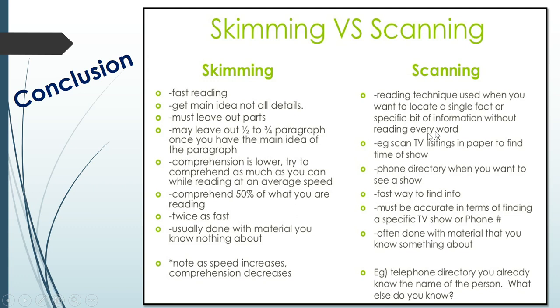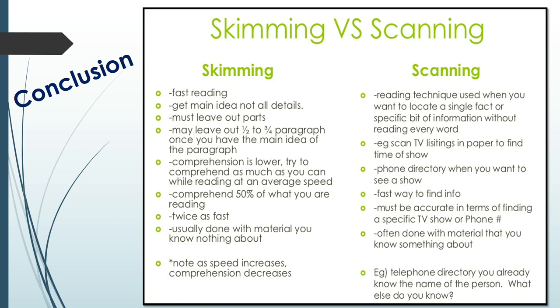Now, on the other hand, in scanning, we use, for example, the TV listing. There is some spelling issue here, so kindly ignore it; it should be listing, and this I is wrong. For example, we need scanning to go through the TV listing in the paper to find the time of a show, match details, scores, or a schedule of flights.